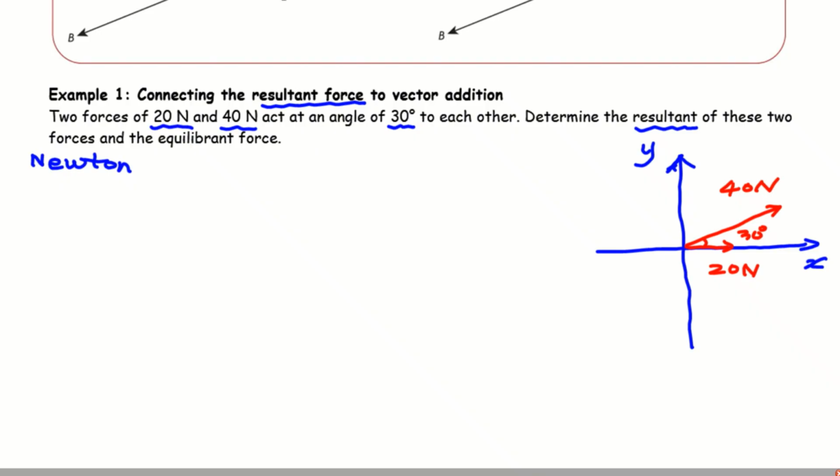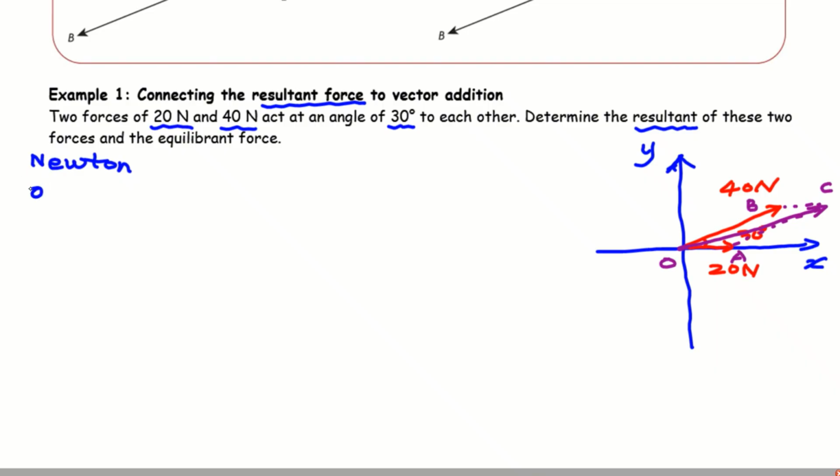The resultant force, we know we could draw the parallelogram, then from the opposite vertices, this is our final force. So this is OA, this is OB, then this is OC. We want to find OC, that is our resultant force.